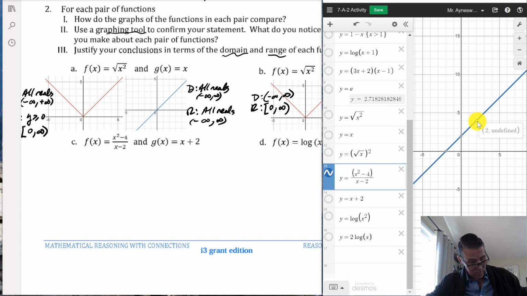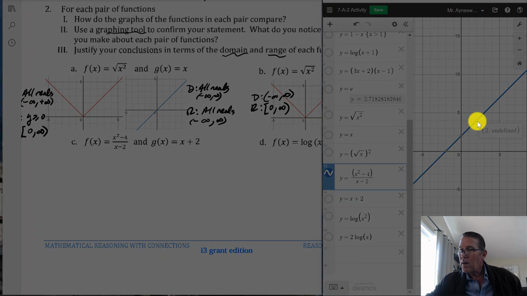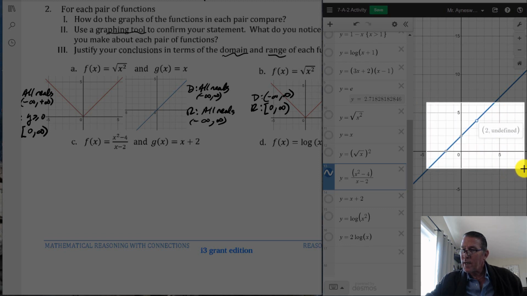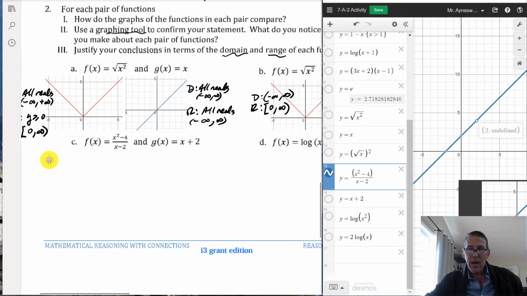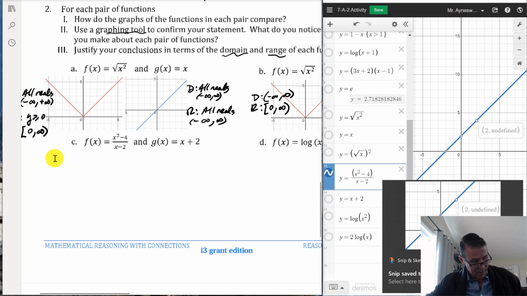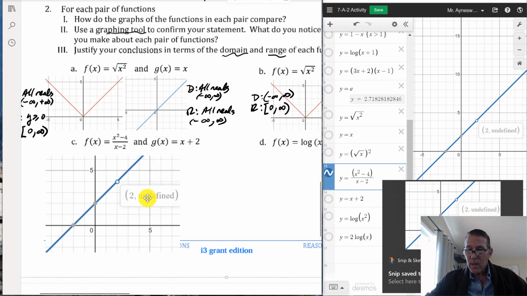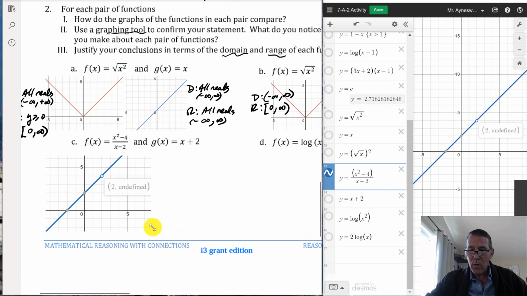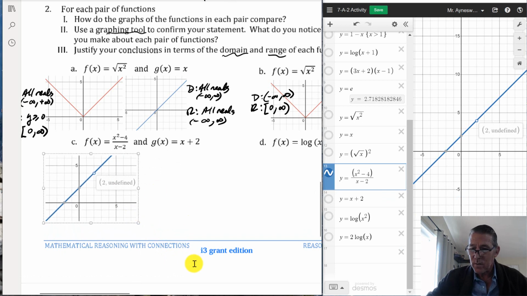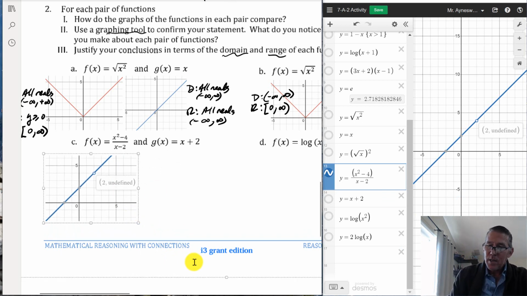So at 2 comma 0, yeah, oh cool, I just made it happen. There's actually a hole in the graph. So when you sketch this thing, make sure you sketch it properly with a hole. Look at that. That's pretty cool. I love this technology. Okay, so there's a hole at 2 comma 4.